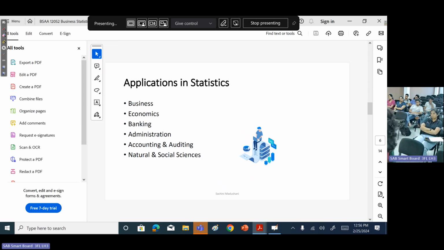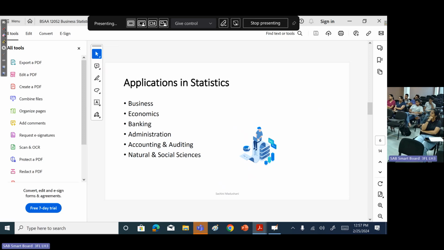Then another one is accounting and auditing. How do we use statistics in accounting and auditing? Do you work in an audit firm? No. Then how is statistics used in auditing? In auditing, you check all the accounts.